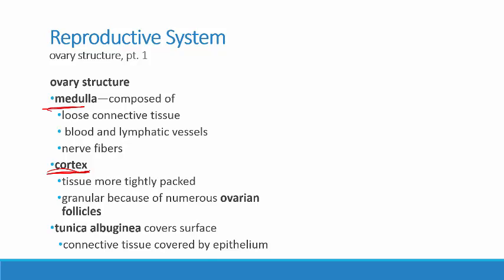This is because it is packed with what are referred to as ovarian follicles. These are little clusters of cells that include an oocyte that is waiting till the time when it gets called forward to grow and develop and potentially become an oocyte that will be fertilized.